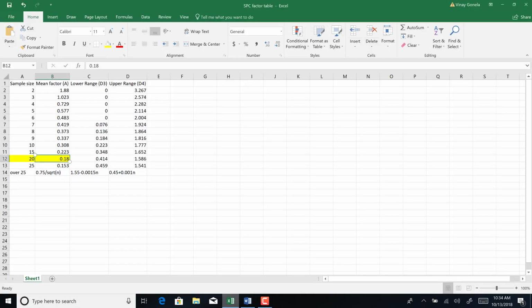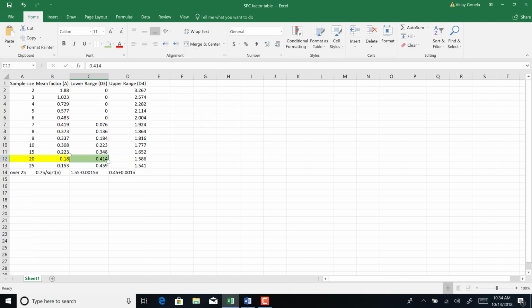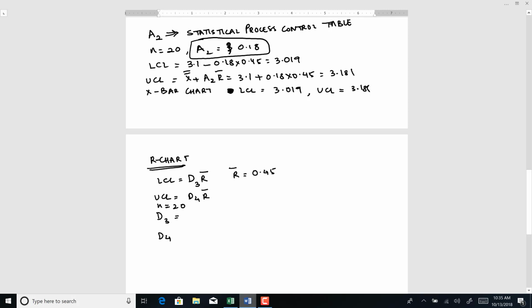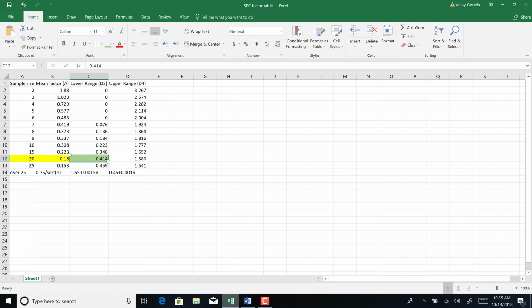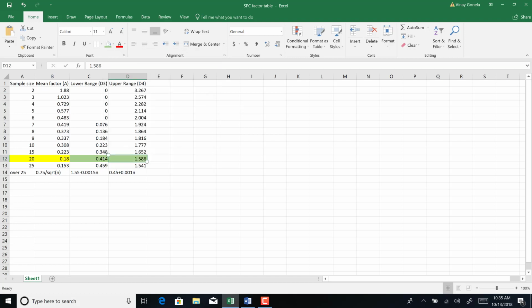We are looking for the D3 value, which is 0.414. Then if I look for D4, it is 1.586.